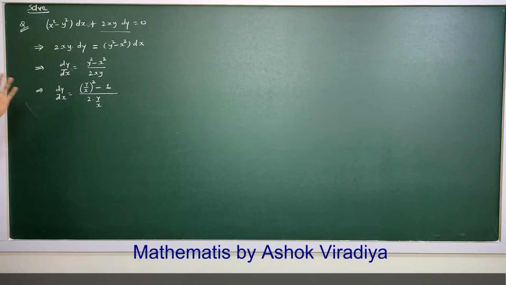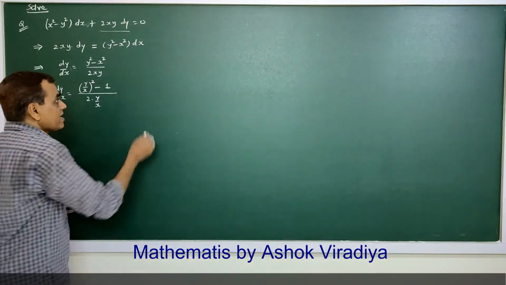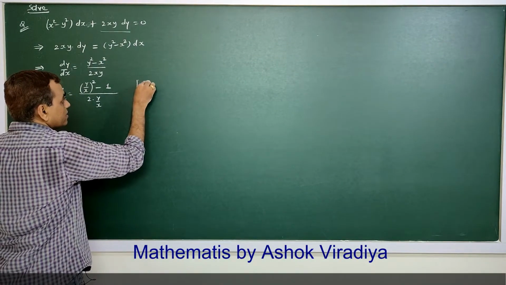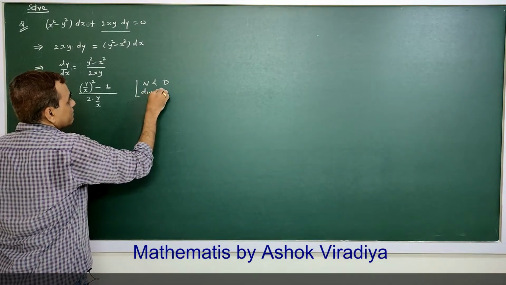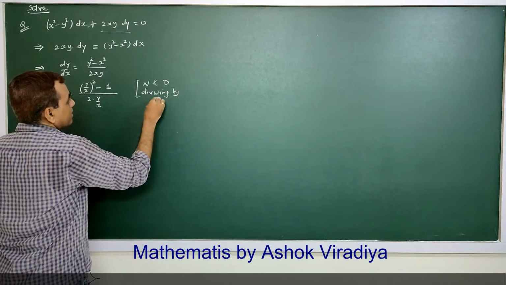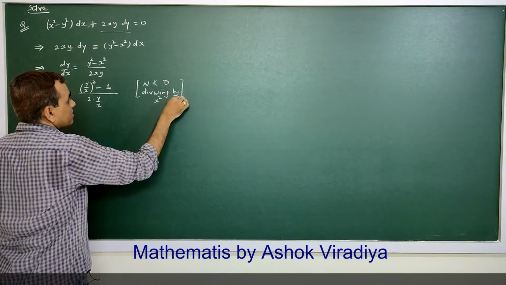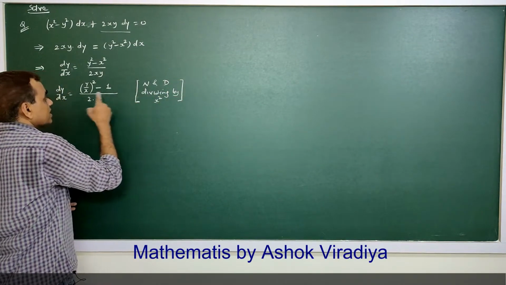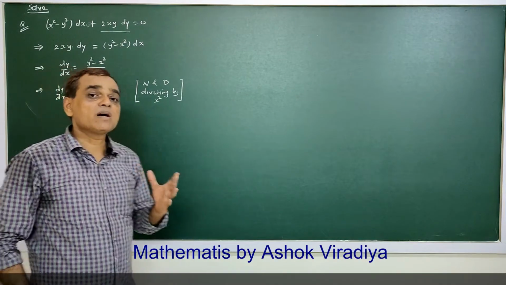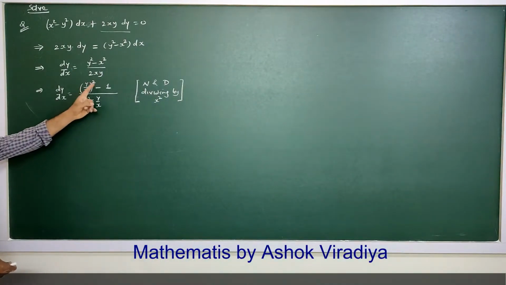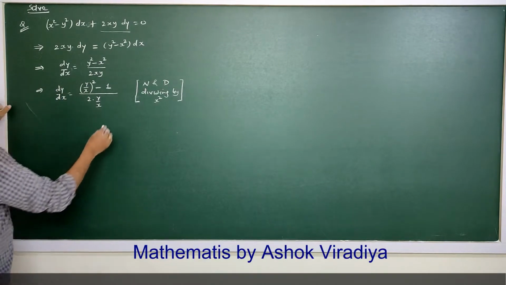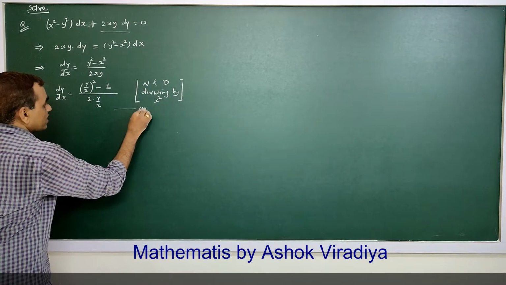So numerator and denominator are divided by x square. We do so to convert the function into y by x. And now look, this is a function of y by x. We call this equation 1.